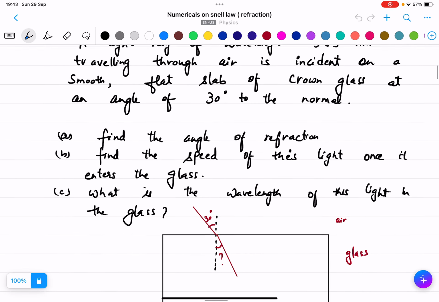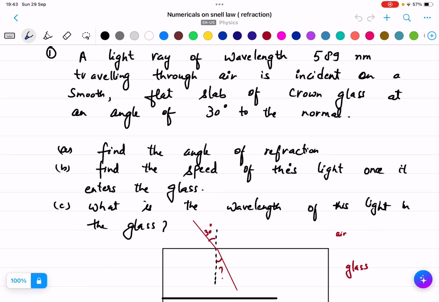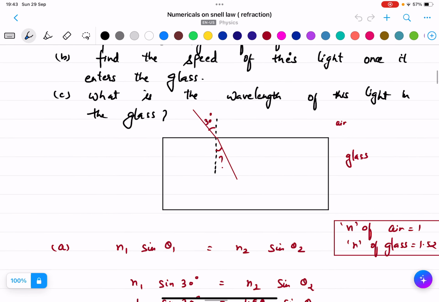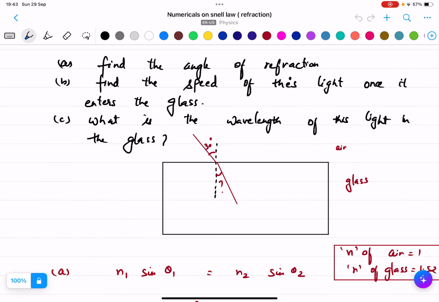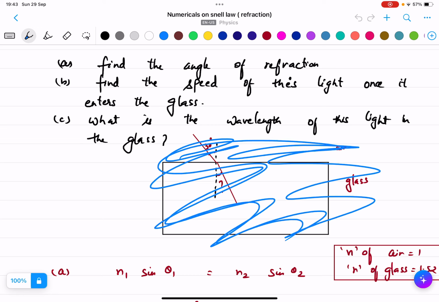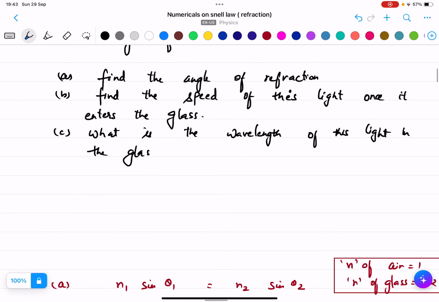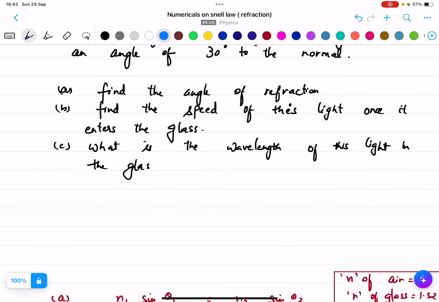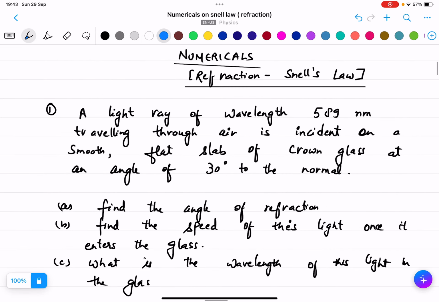Okay. So the first thing when you are doing the refraction questions, you need to make a diagram. So how to create a diagram? I'll explain you the first one. First of all, just create a medium. And then see what is given in the question.